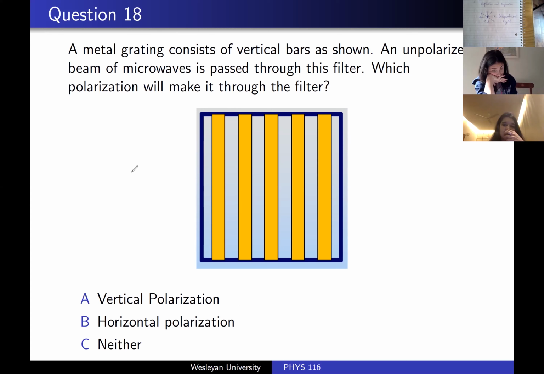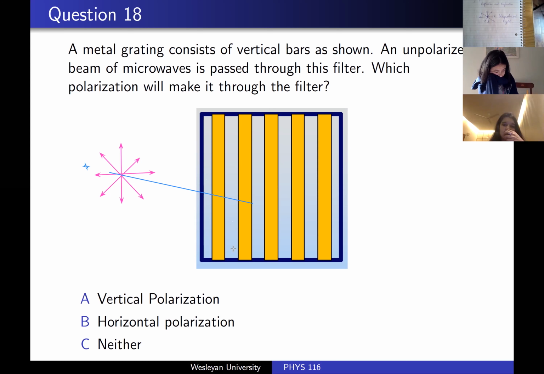So the idea is that we send unpolarized light through, which is oscillating in all these different directions. And remember that light is composed of electric and magnetic fields, and electric fields can move charges. So what happens as the light passes through the filter is that the ones which are aligned with the metal bars, those electric fields are going to drive currents in these metal rods.